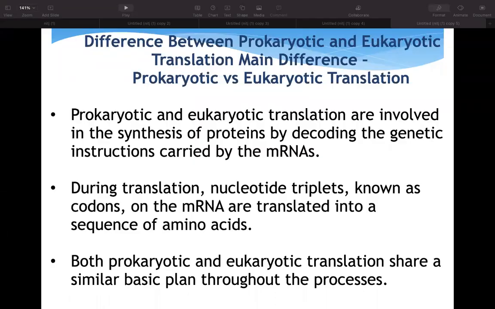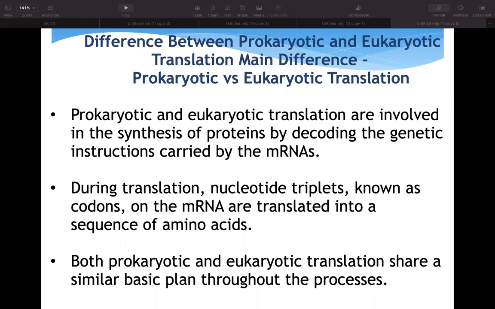Now let us study the difference between prokaryotic and eukaryotic translation. Both prokaryotic and eukaryotic translation are involved in protein synthesis by decoding the genetic instructions carried by the mRNAs for producing proteins.